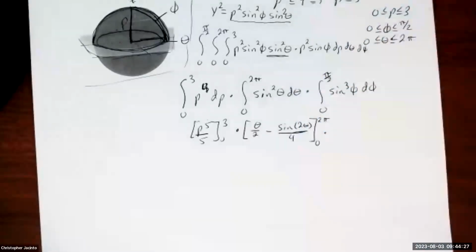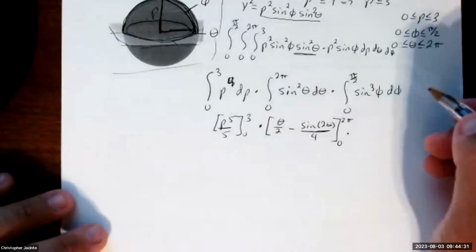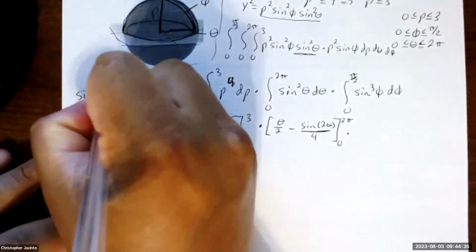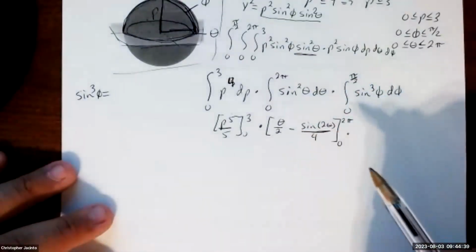This one, however, is the painful one. So I know it's been a while since integration. So just in case you guys forgot, when you have anything higher than 2, this is the same way you would do it here anyways. You want to split it up.